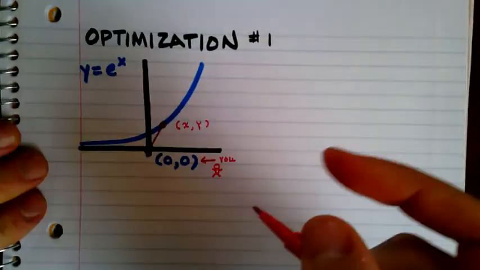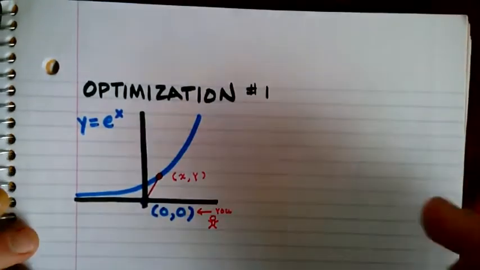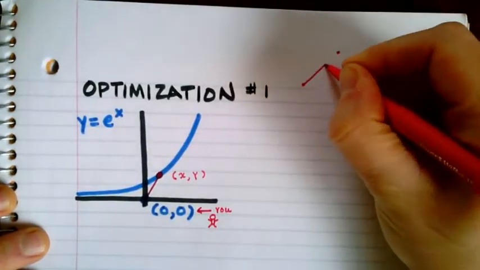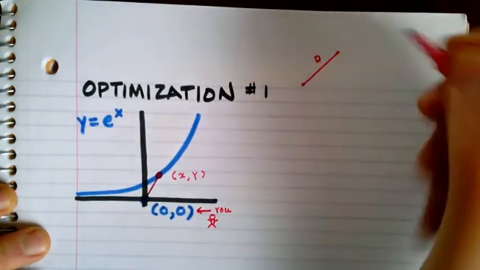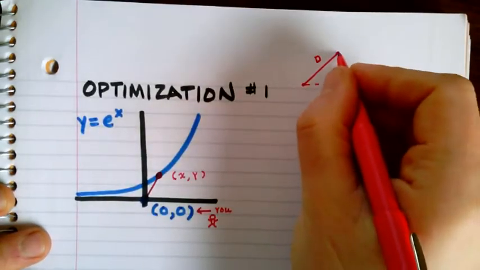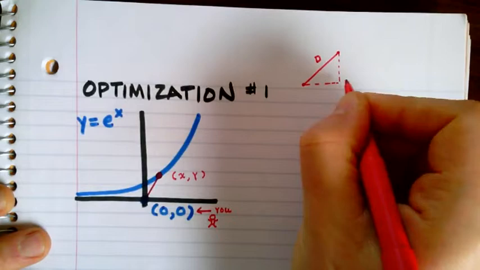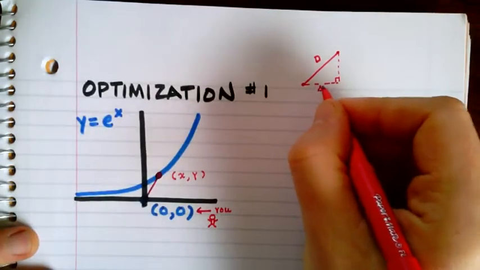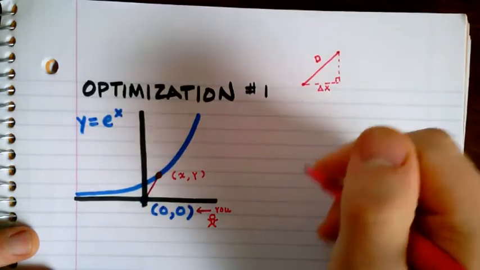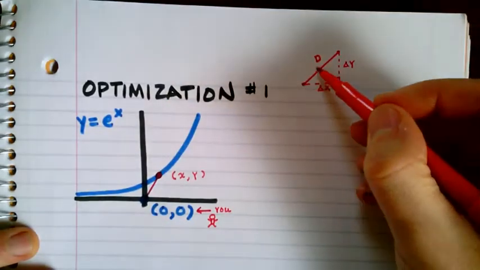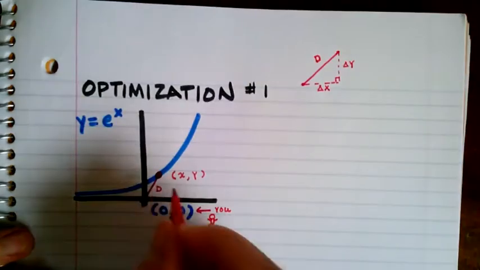Now, just a reminder from back in your geometry days, if you have 2 points and you're looking to find the linear distance between them, you think about the linear distance as being the hypotenuse of a right triangle, where one leg is the change in x and the other leg is the change in y. So this distance is not unlike this distance down here.